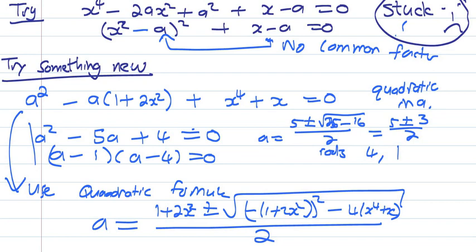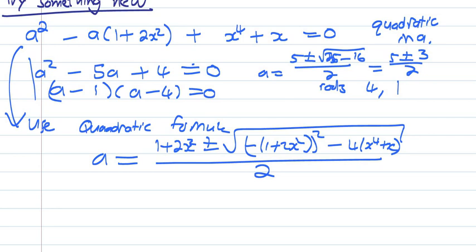The coefficient of a squared is 1. The coefficient of a is minus (1 plus 2x squared) in brackets, and the constant is x to the 4 plus x. So this is pretty clever. So we decided that we are rather going to look at this quadratic. And now let's see what we get. We get 1 plus 2x squared plus minus.